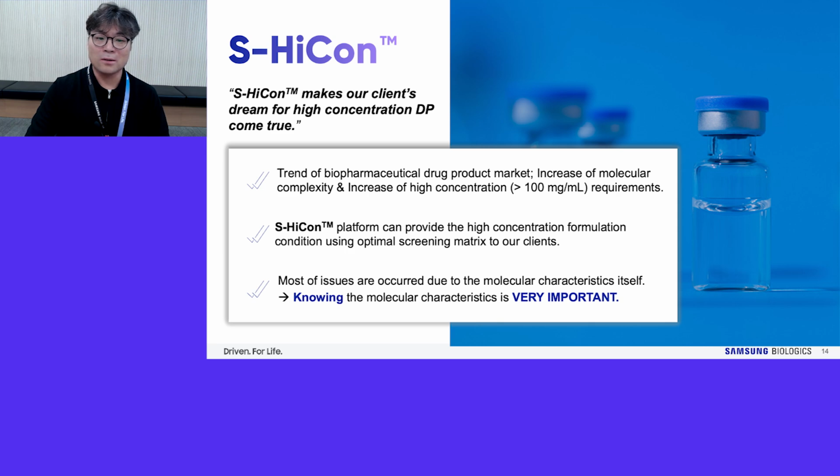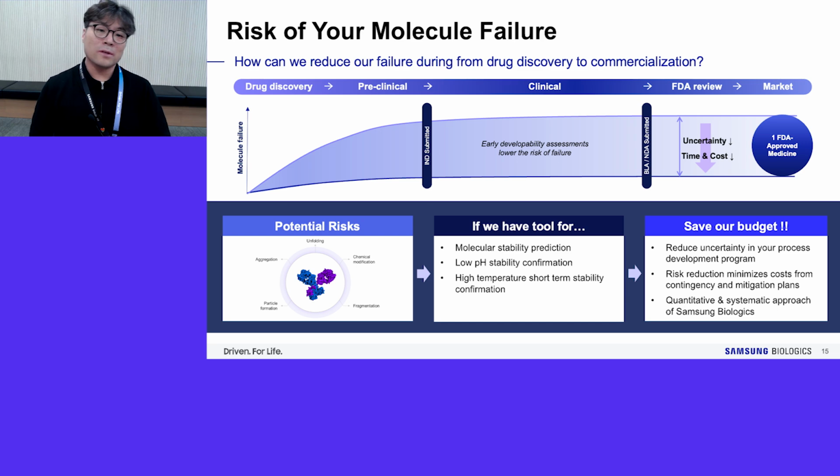To get high concentration like this, as already said, knowing the molecular characteristics is very, very important. Actually, not only for high concentration, but also for the overall drug development process, knowing the molecular characteristics is important to avoid issues occurring.